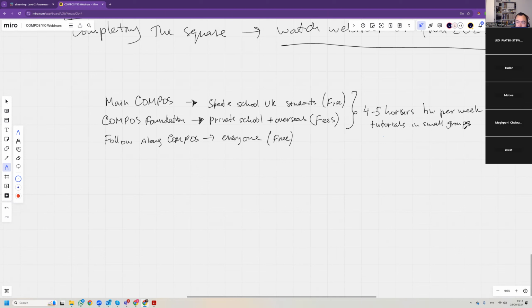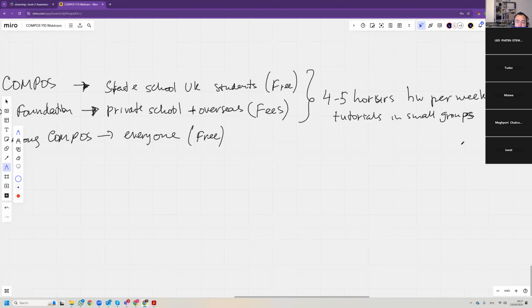And people who actually completed COMPOS, 50% of them went to Oxbridge. So just an important thing to understand.